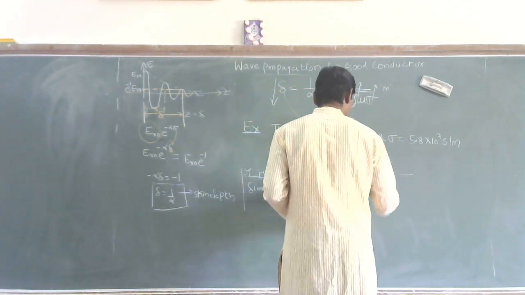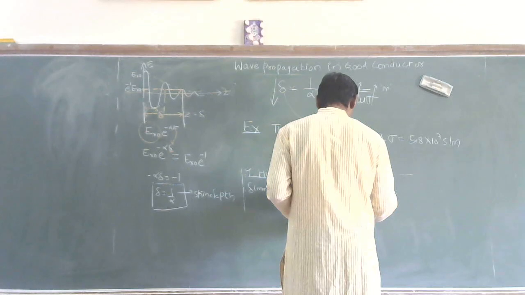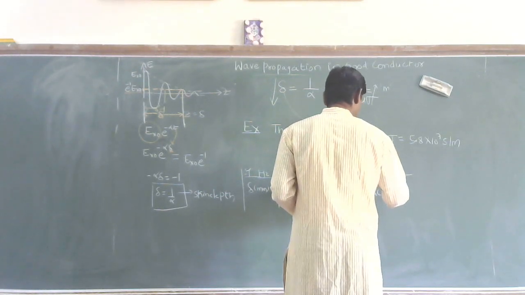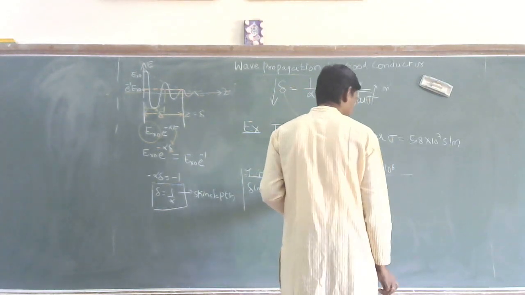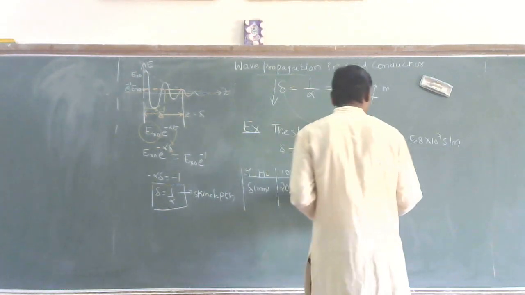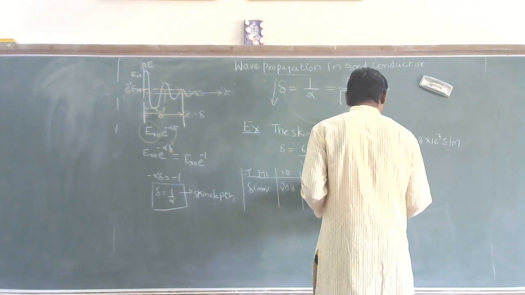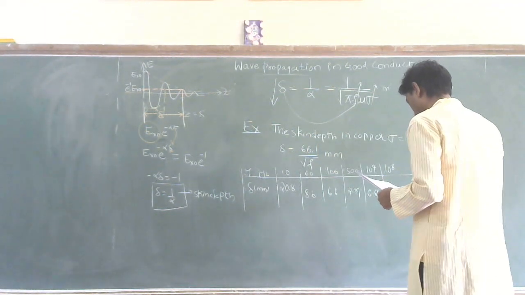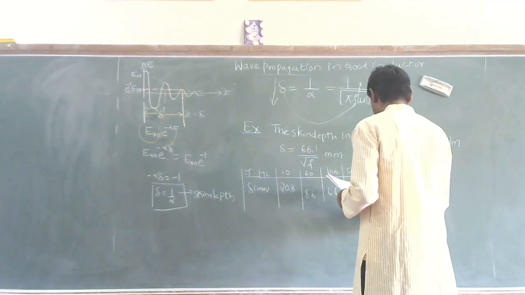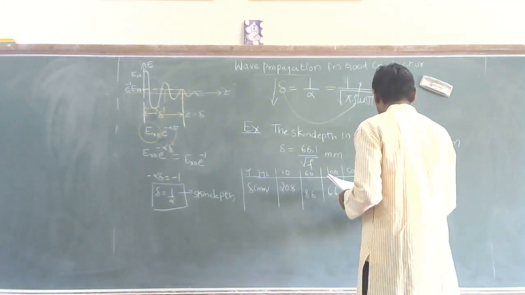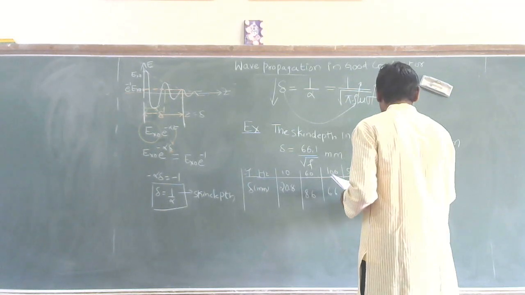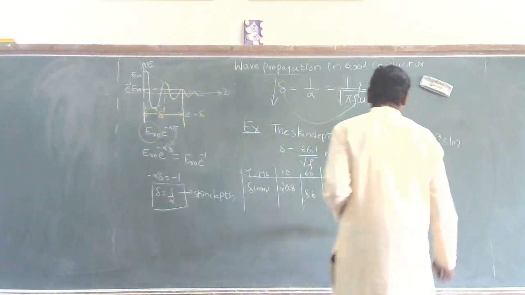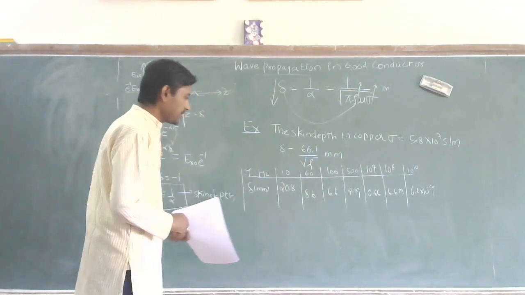At 1 kilohertz, it's 0.66 millimeters. And at 100 megahertz, it is 6.6 into 10 raised to minus 4. So can you check how it is varying?